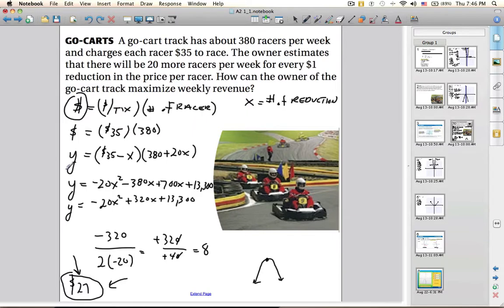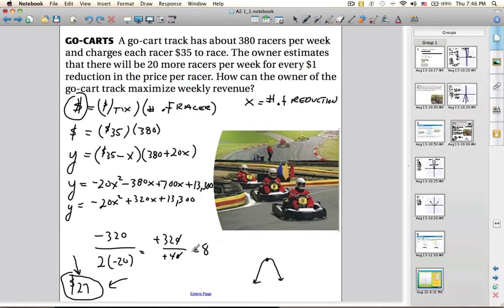I then created an equation. Based on the supplied information, we were reducing the price by $1 each reduction, so that was 35 minus the number of reductions, 1 times the number of reductions, and that would increase our ridership from 380 plus 20 times each reduction. When I multiply these together, it creates a quadratic function, and I go ahead and formulate it.